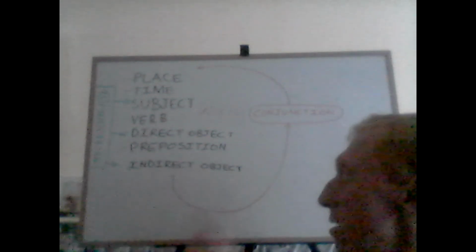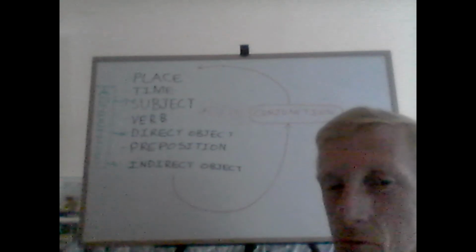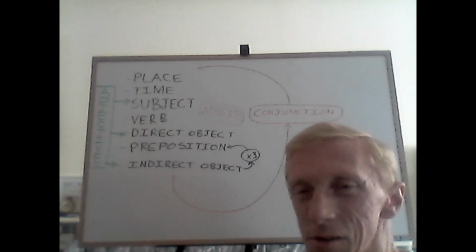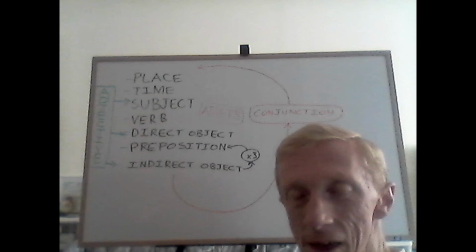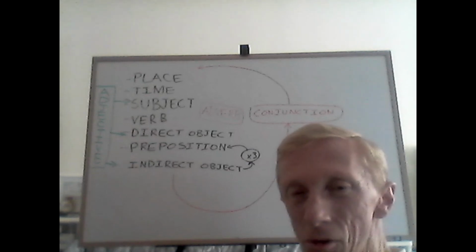We repeated preposition indirect object 3 times, saying more about the direct object, then where the action happened, then how the action happened.